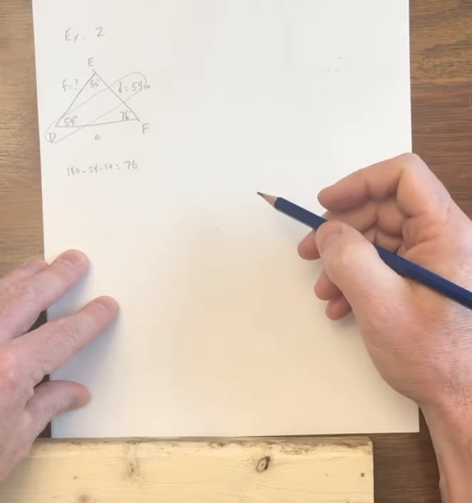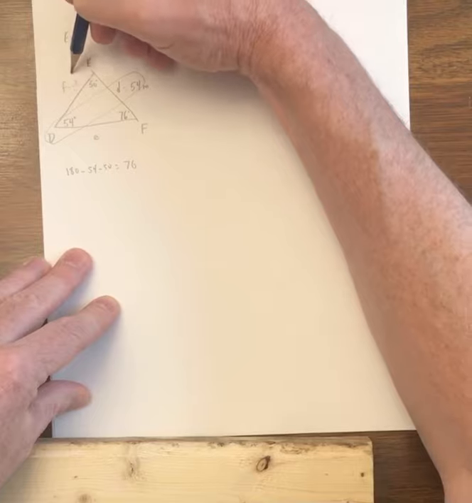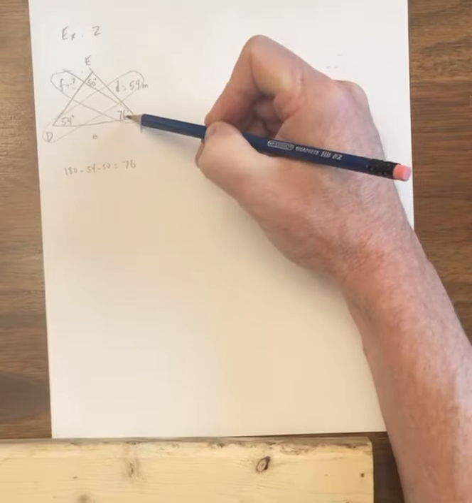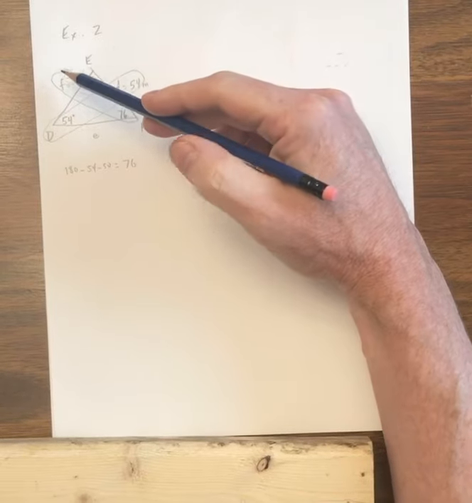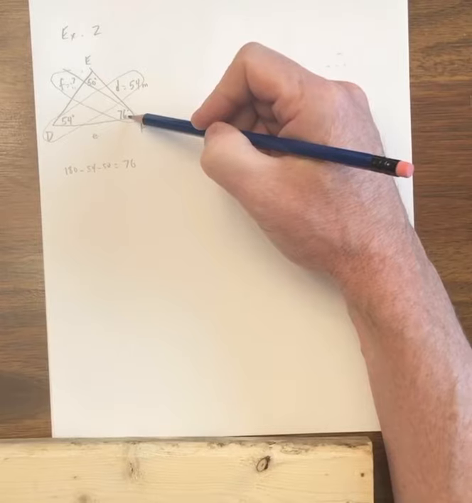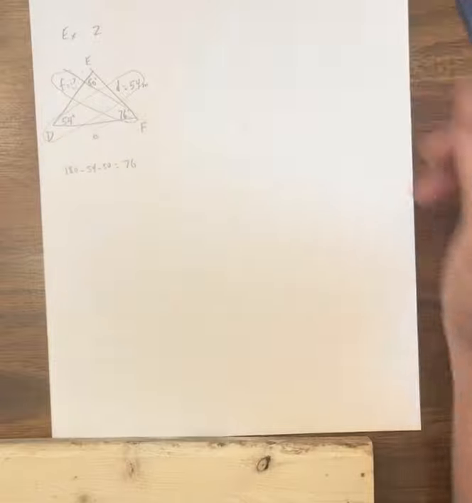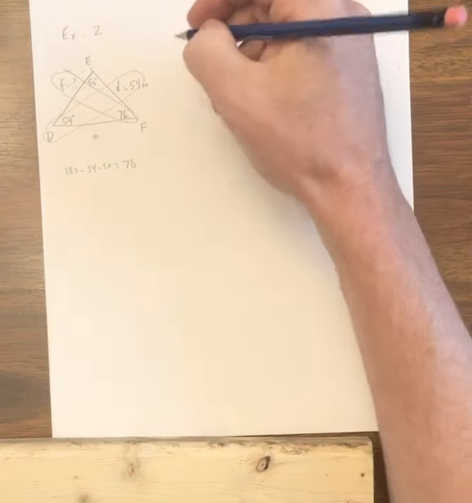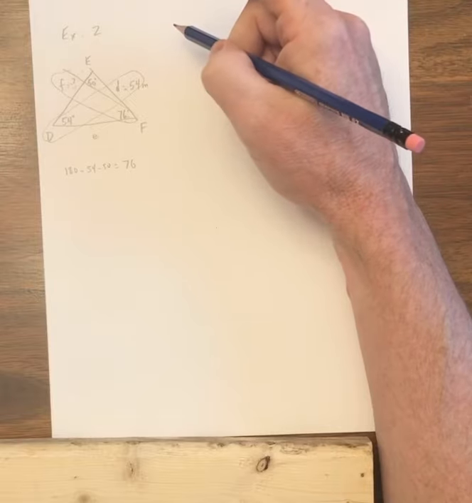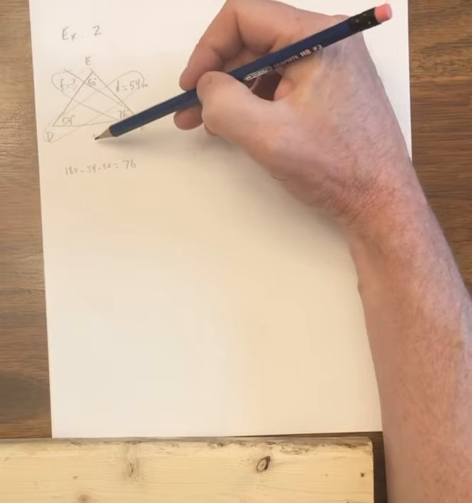We know angle D and side D. And because we are trying to solve for side F, we had to determine what angle F is. So we now have our 1, 2, 3 pieces of information. We could use that to solve the fourth.